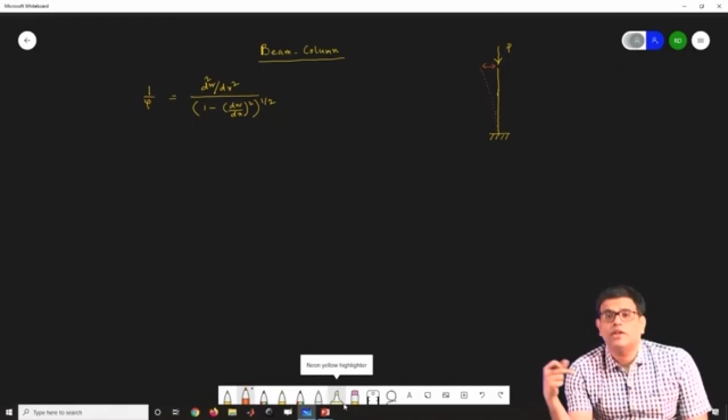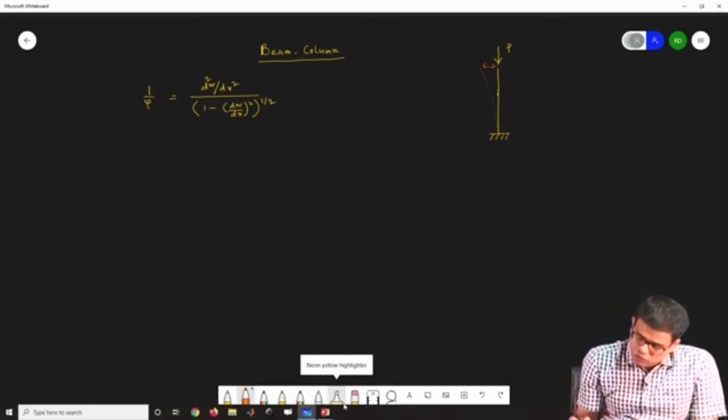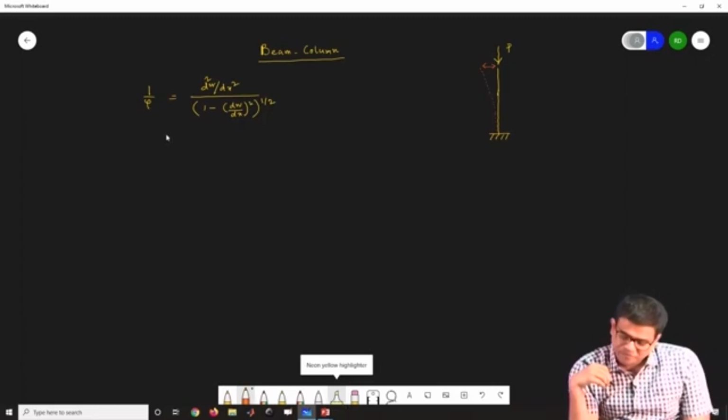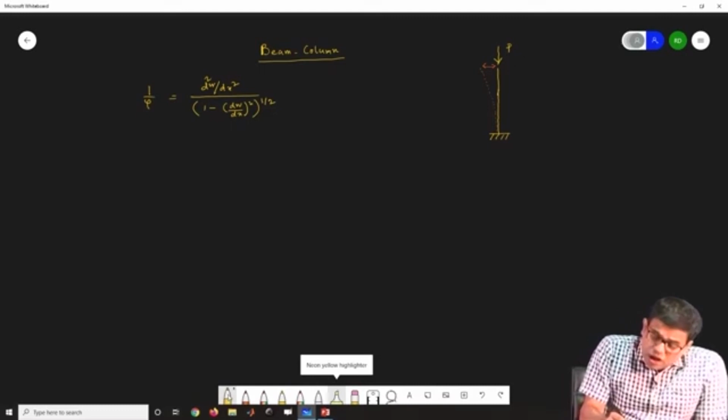Now, here when you have an axial force, you have to consider the axial shortening of the column. So, how can we find out the axial shortening of the column?